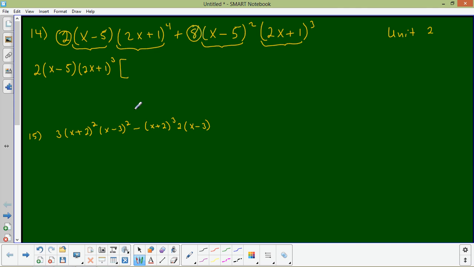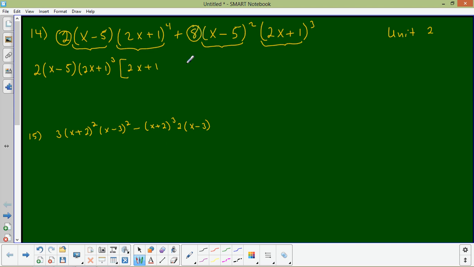And now what you consider is what's left of each of these pieces after you divide by the selected common elements. Well, of course, the 2 divided by 2 is going to be a multiple of 1. Likewise, the x minus 5 divided by x minus 5 is a factor of 1. And the 2x plus 1 to the fourth divided by 2x plus 1 to the third is going to leave you with a 2x plus 1 to the first.